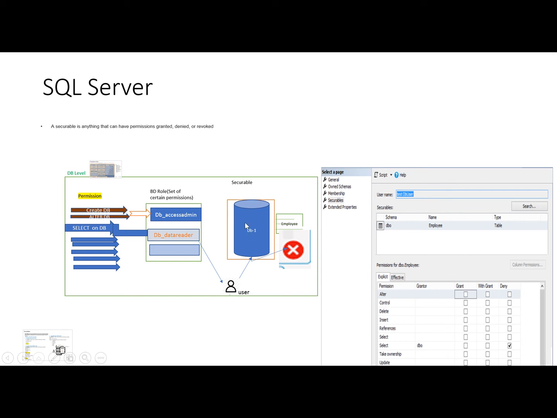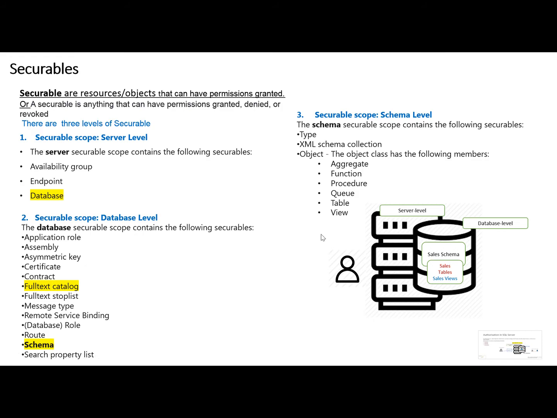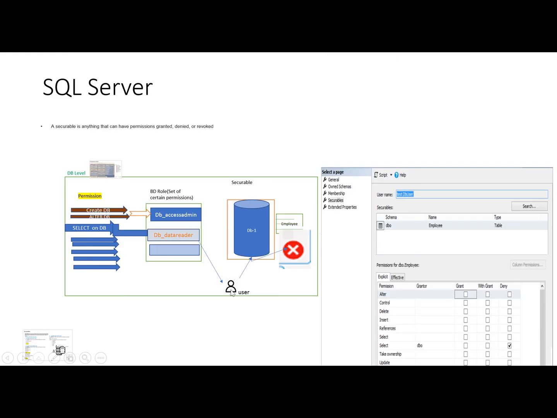This database and these tables are the securables. I want to secure some tables from these users, because this user can access any table, but I want to restrict access to the employee table. I don't want to show the employee data to unauthorized users.